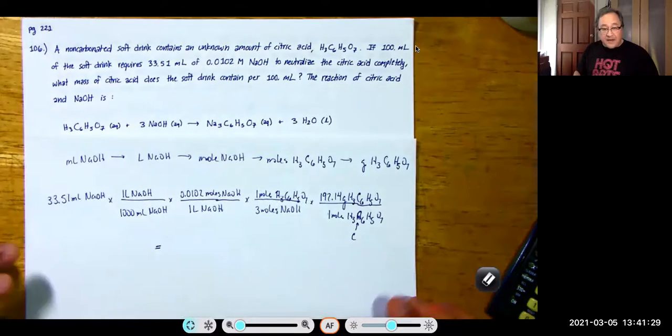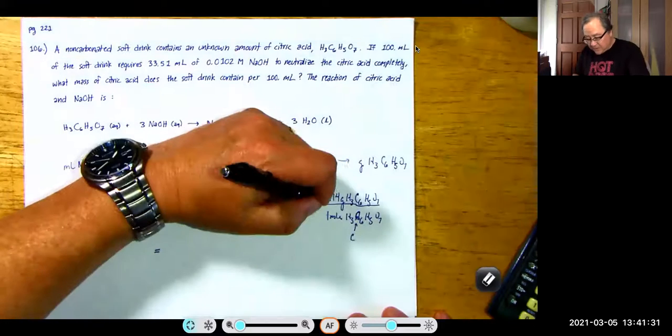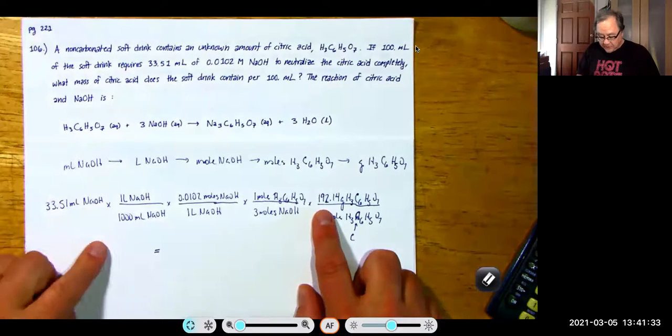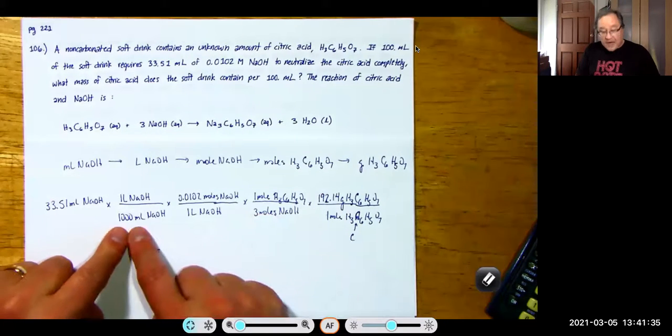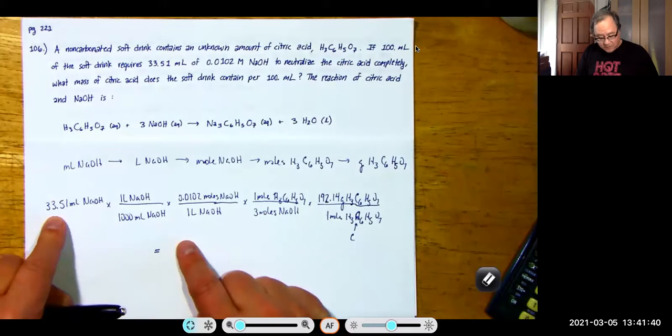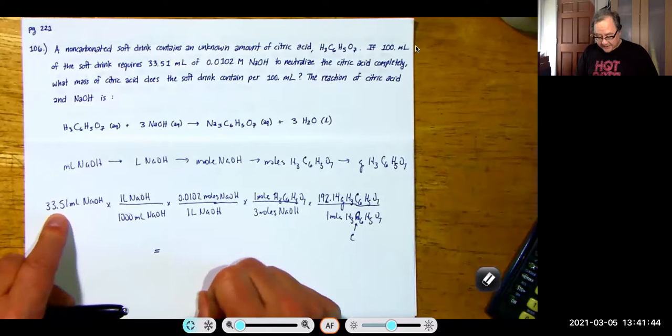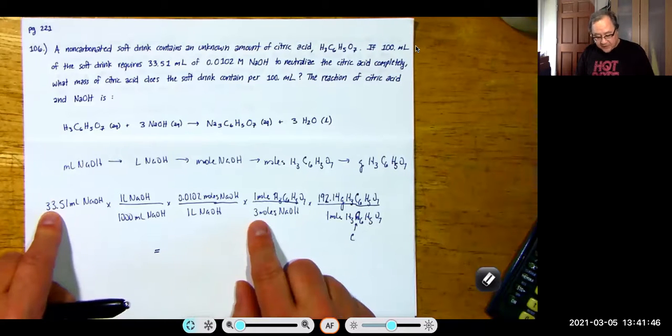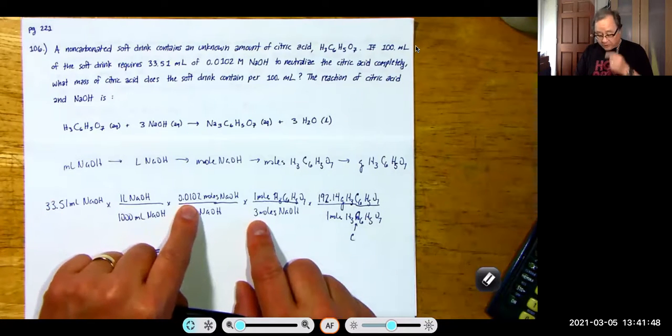So I'm going to estimate my answer. 192 is really close to 200, which will go into 1,000 5 times. 5 will go into 33.51 about 6 times. 3 will go into 6 2 times, and 2 times this is 0.02.